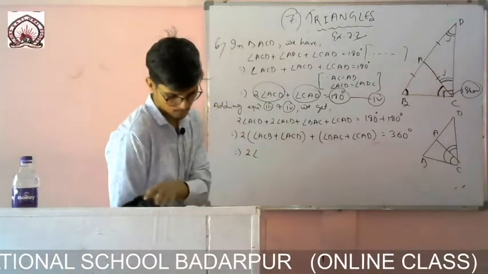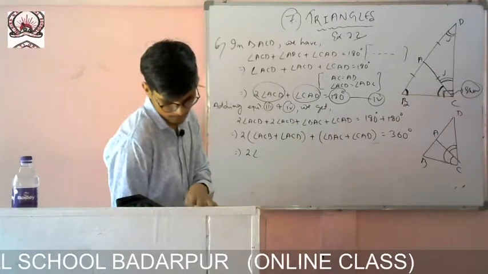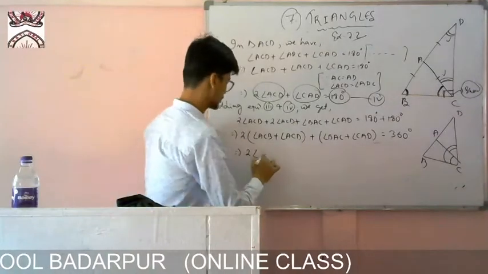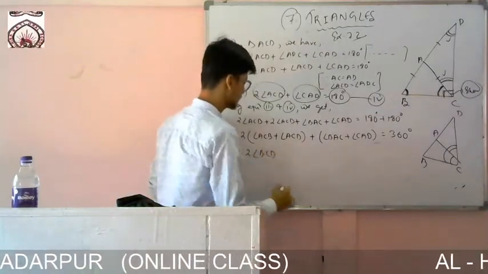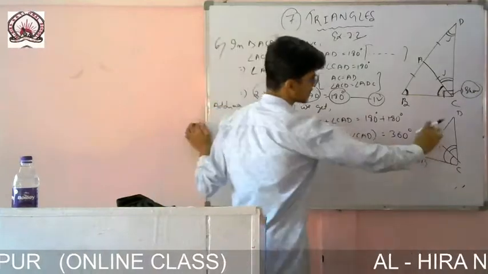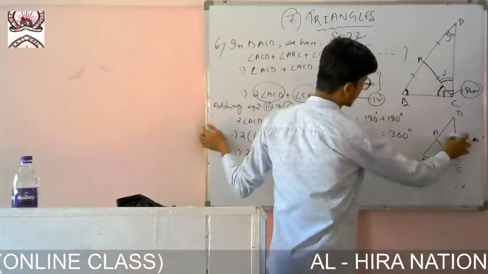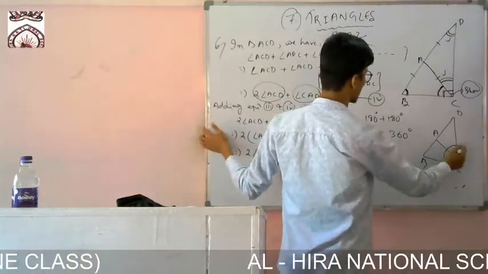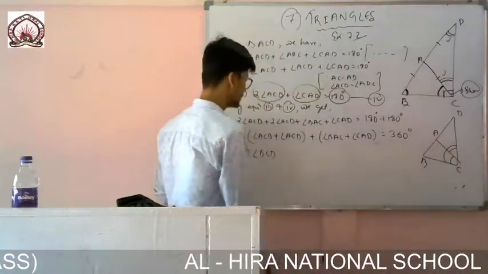What is given in the question? Prove that angle BCD. Okay, ACB plus ACD, that means it is equals to angle BCD.